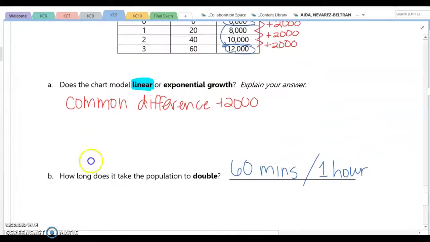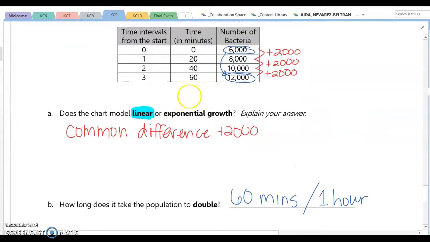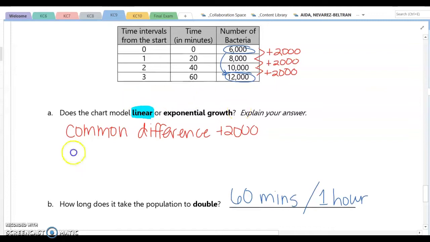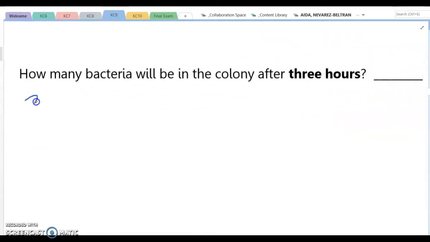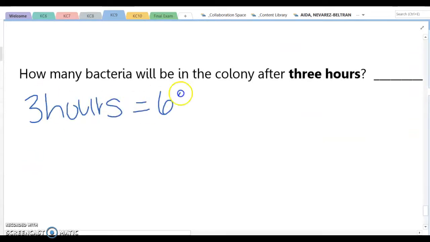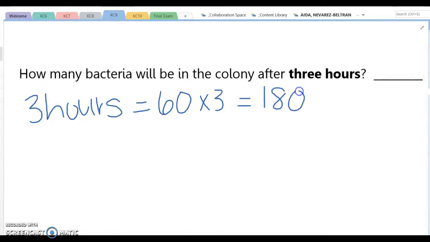So we need to figure out how many time intervals 3 hours is. For 3 hours, we do 60 times 3, so that is 180 minutes.